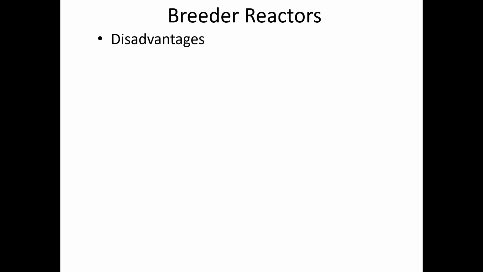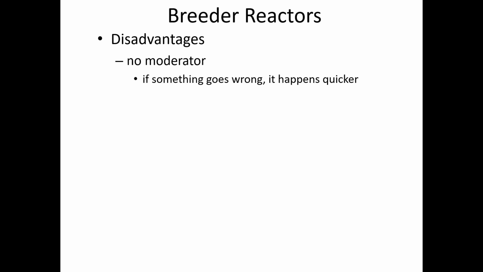So what are the disadvantages? One of the main disadvantages of this kind of reactor is that there is no need for moderators. When no moderator is required, if something goes wrong, it happens quicker.